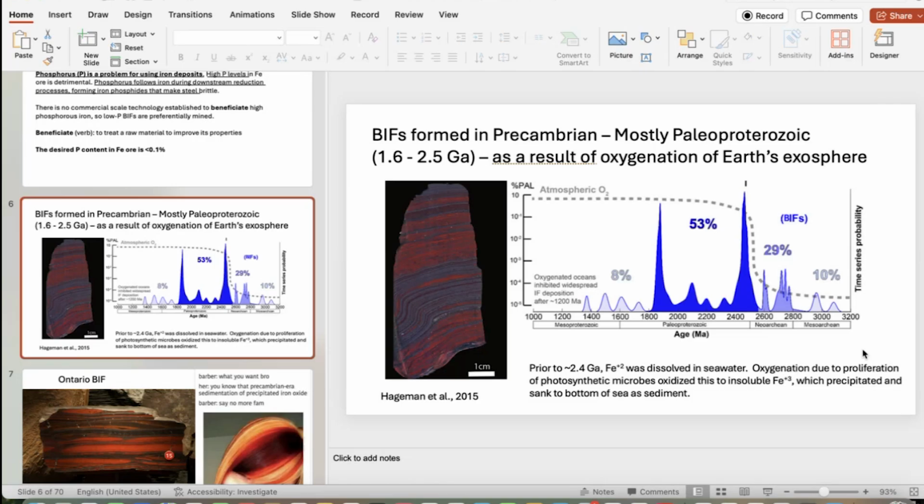But one of the things I would say is that this time period between 1800 and 2000 is very interesting, because, in my opinion, it's a time when there was an earlier episode of plate tectonics, and there was no plate tectonics in the later Paleoproterozoic and the Mesoproterozoic.